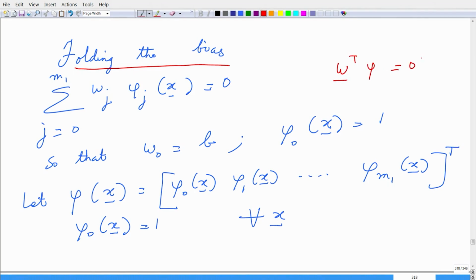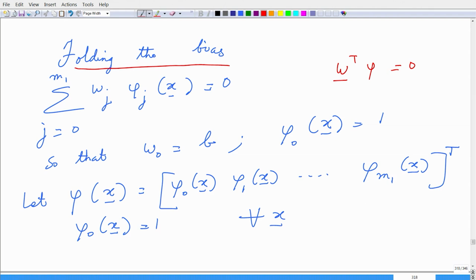You can also take the transpose and say phi transpose w is 0, in whichever form is convenient. What we have done is fold the bias into this linear equation by setting w0 equal to the bias and phi 0 of x to be 1.